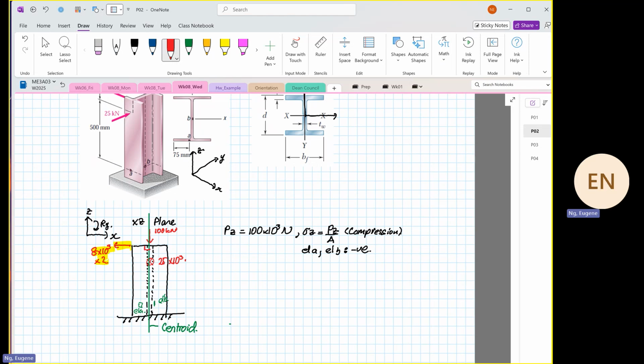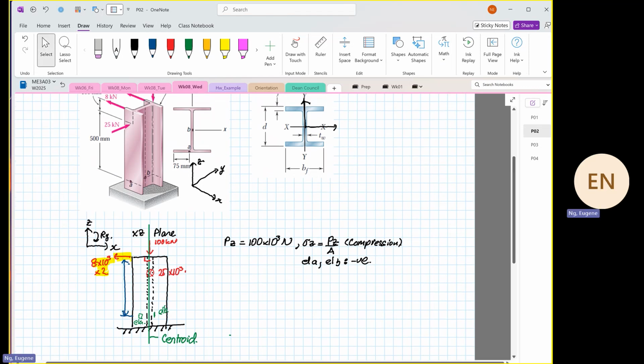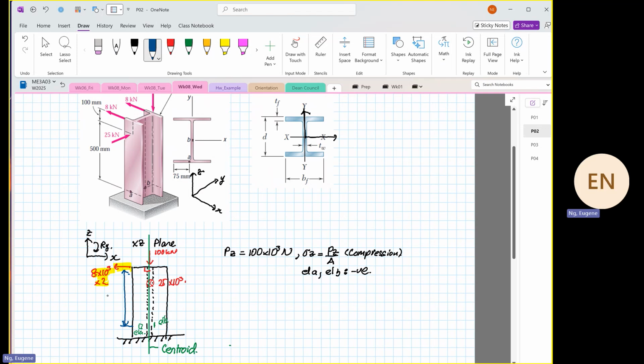To the centroid. When that's the case, the distance for the moment you're going to take is the distance to the element, and this distance is 0.6. As you can see from the diagram, 500 millimeters plus 100 millimeters is equal to 0.6.